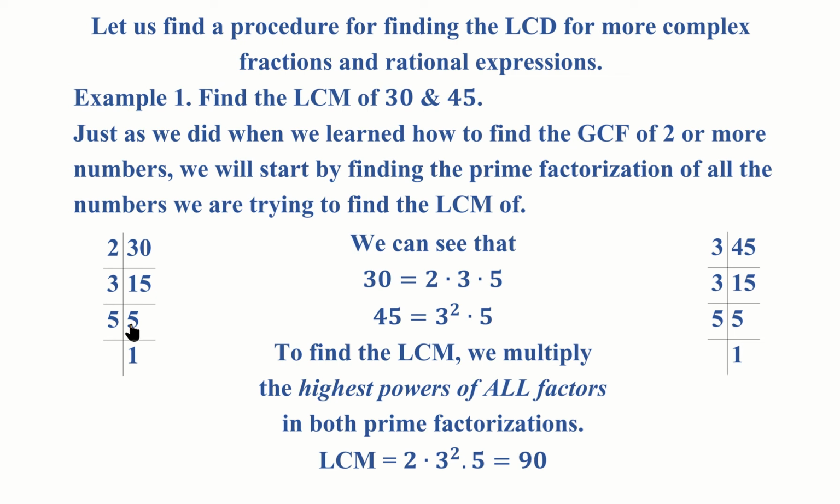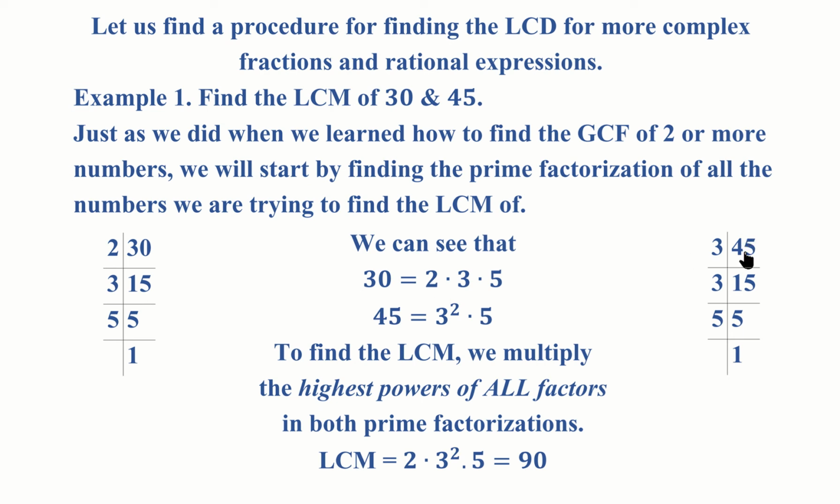And 1, we don't consider to be a prime number. So when you deal with a prime number, the only prime number that's going to go into it is itself. Once you hit this 1 down here, that means you're finished. You have the prime factorization on the left here. So 30 can be written as 2 times 3 times 5, just like that.